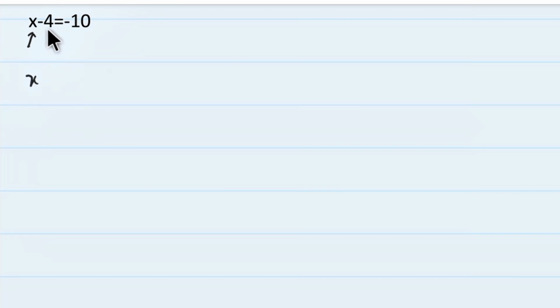To get rid of minus 4, we will add 4 on the left hand side. We have also learned that to maintain the balance of the equation, we add the same number on both sides of the equation. So if we have added plus 4 on the left hand side, we will also have to add 4 on the right hand side.